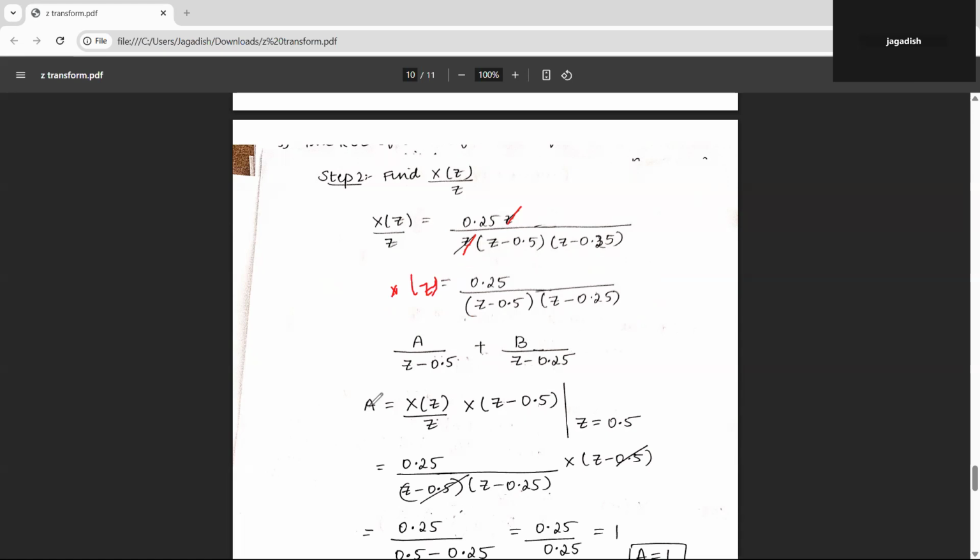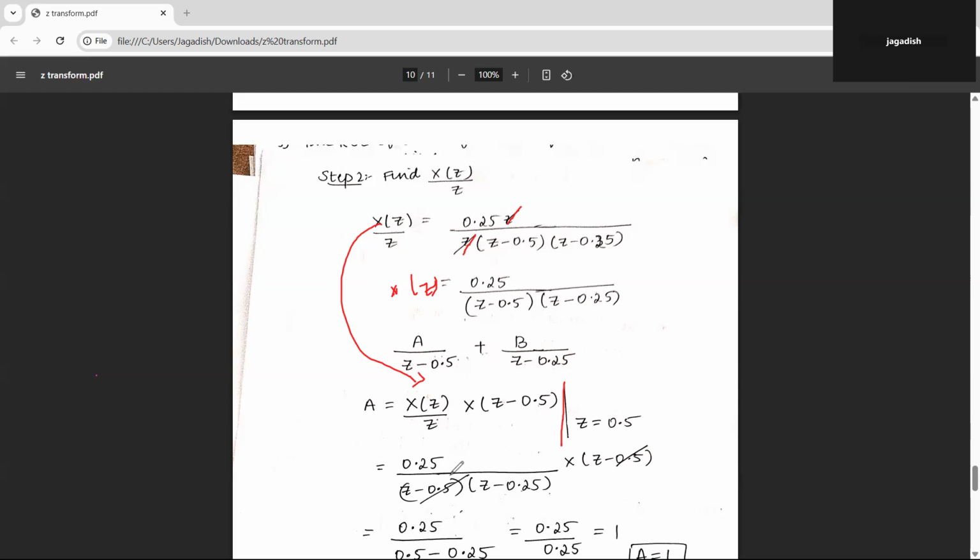So A is equal to X of Z divided by Z, multiplied by Z minus 0.5, and you substitute Z equal to 0.5. So 0.25 divided by Z minus 0.25, this one will be there, 0.25.